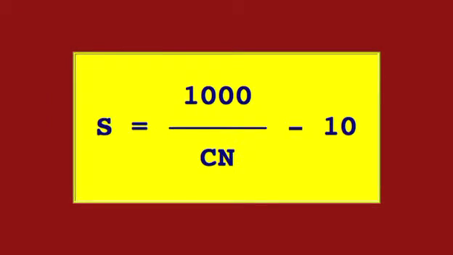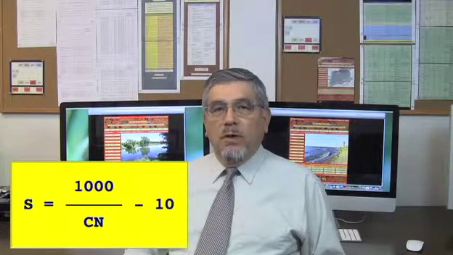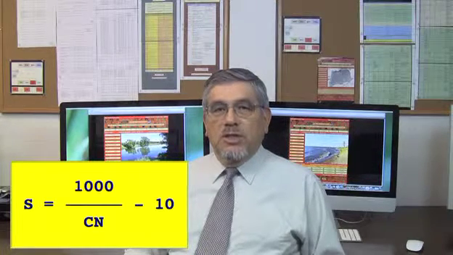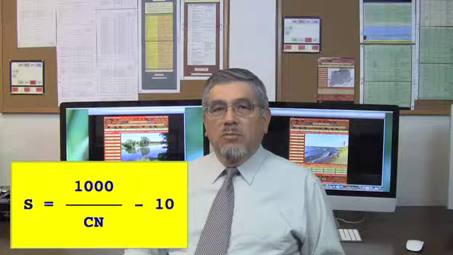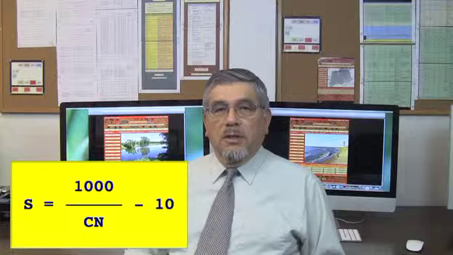Ponce expressed the potential retention S in terms of a surrogate parameter referred to as the curve number CN, varying in the range 1 to 100 as follows, such that for CN equal 1, it follows that S is equal to 990 inches, an extremely large and for practical purposes unreachable value of potential retention.